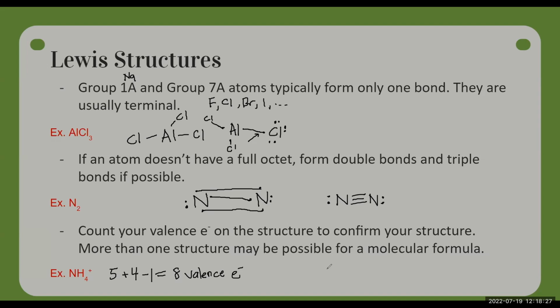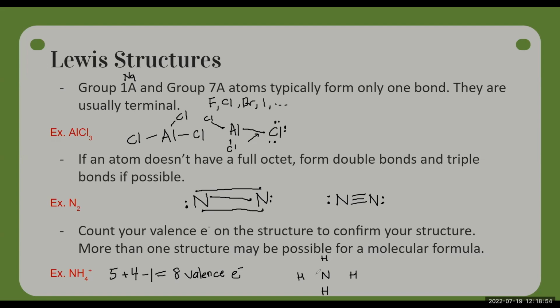If I were to draw a possible structure, I could draw nitrogen as the central atom, and then I'm just going to draw all the hydrogens around it. And remember that there is 1 electron missing from normal.